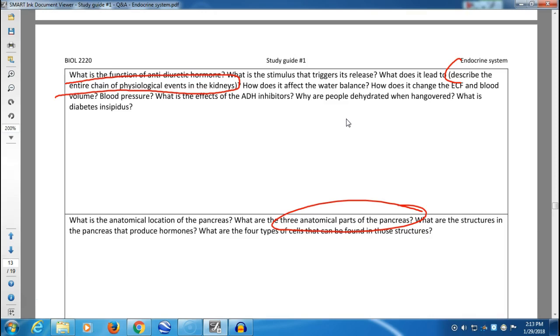You may see them on the exam as a slide or as a picture. Am I clear? Just recognize them. That's one of your anatomy questions, maybe. Okay. 4 types of cells. Alpha, beta, delta, PP cells.